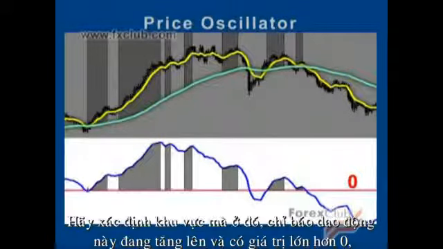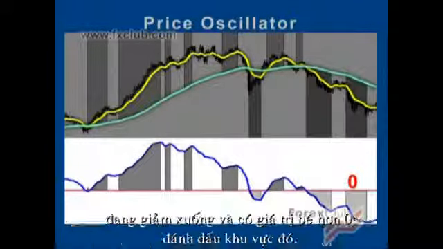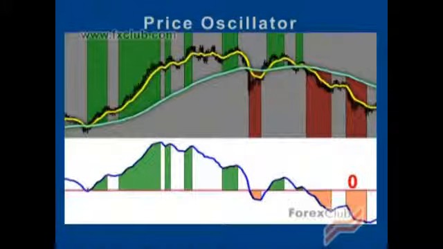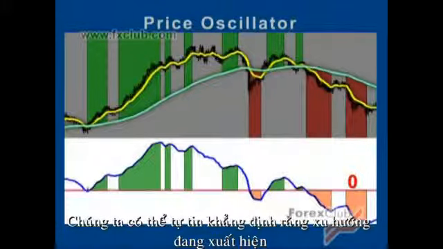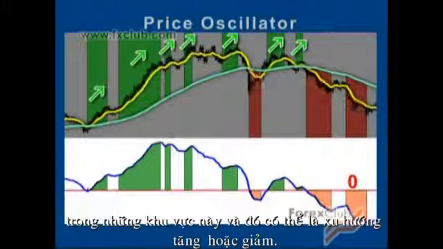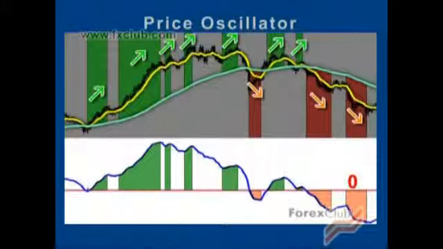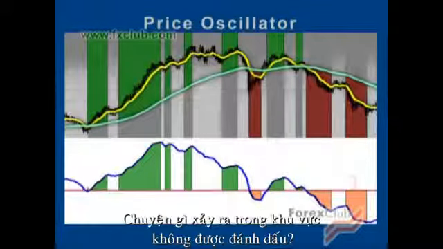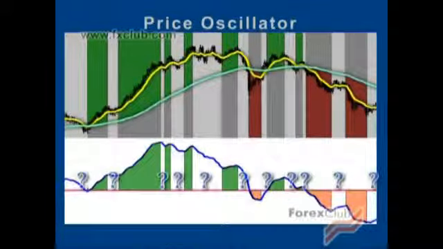Let's identify the areas where this indicator is rising and is above 0, and falling and less than 0, and shade them. We can confidently claim that in these zones there is a trend and it's either rising or falling. And what's going on in the unshaded areas?